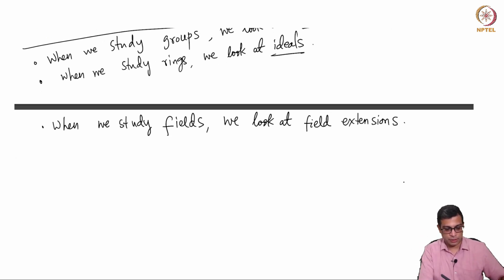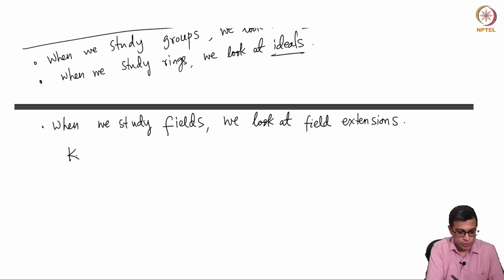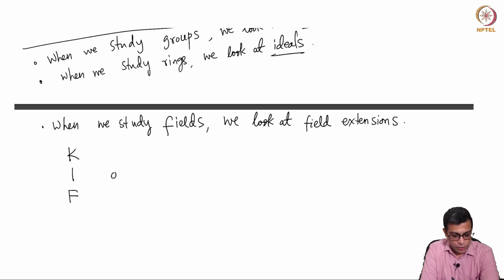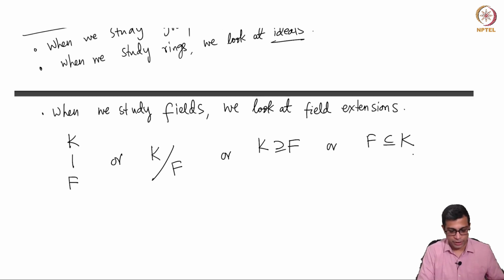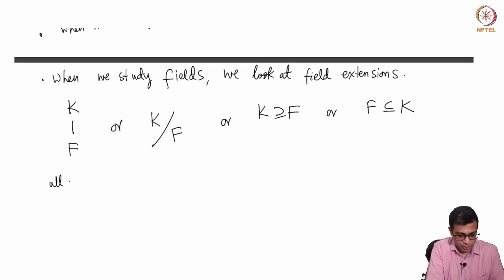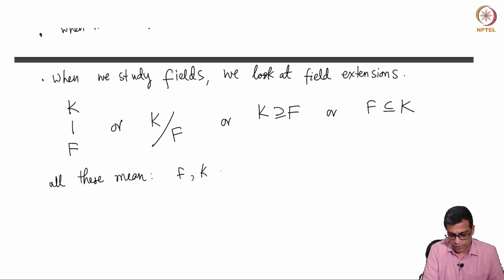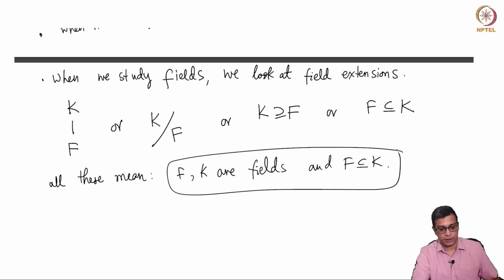Okay, so this is typically the most important notation that we use when we study fields or field extensions. I'll write down all the different kinds of notations I'm going to use. What do I mean by any of these symbols? All these mean F and K are fields and F is contained in K. To illustrate that, we write any of these symbols.